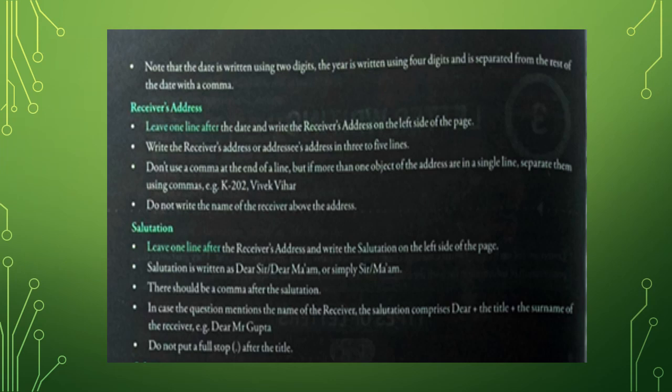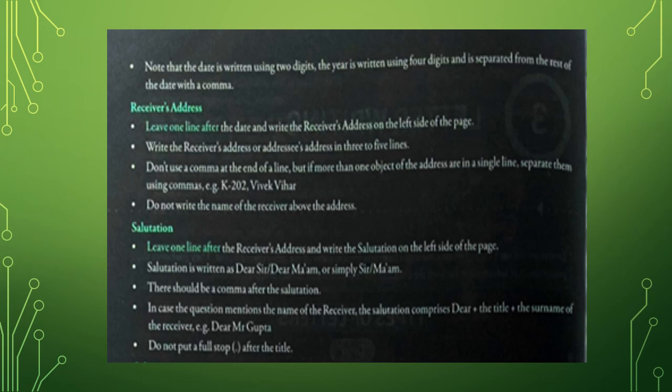We should also remember, when the date is written using 2 digits, if you are writing on the 1st of December, you write 01 or 02. And the year is written using 4 digits. If it is 2020, you will write 2020, not just 20. And if at all you write the month at the end, it can be separated by a comma.